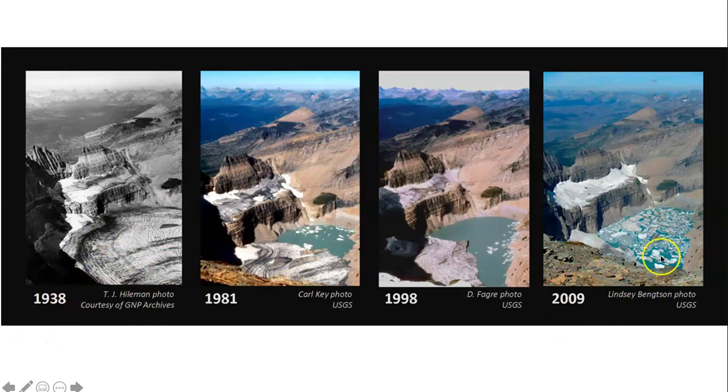And you can see the effects of global climate warming happening here. It's pretty shocking when you look at satellite images, even just from 10, 15 years ago to what we've got now. You can see some really, really extreme changes in the amount of ice.